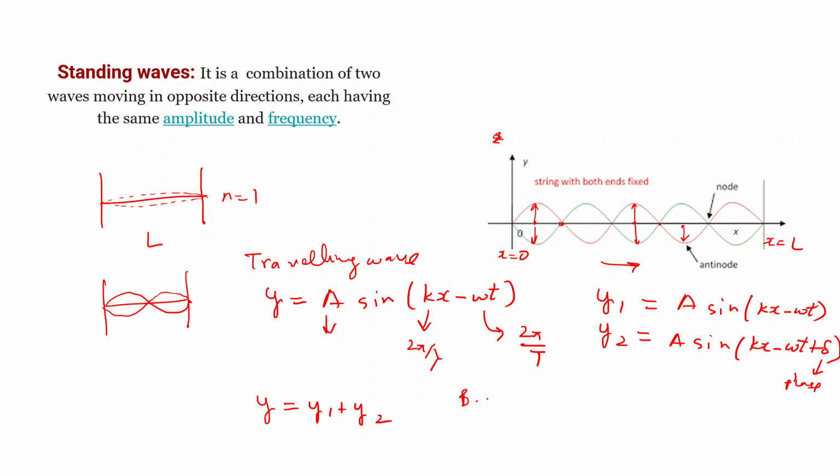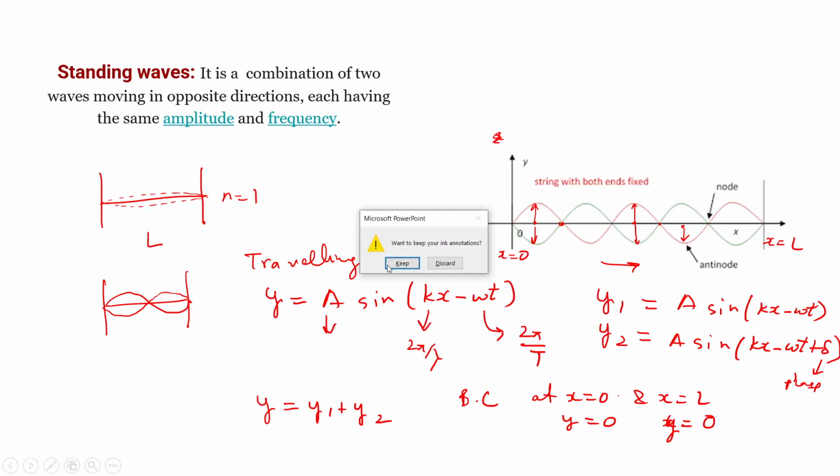These boundary conditions are that at x is equal to 0 and x is equal to L, y is equal to 0. Using these boundary conditions, when we solve this equation, I'll directly go to the final result.